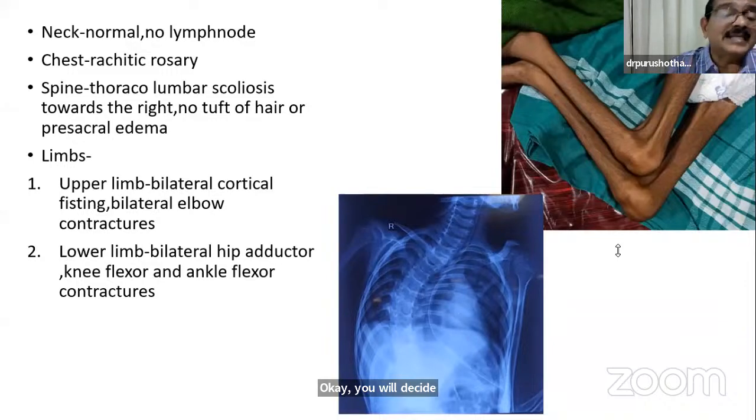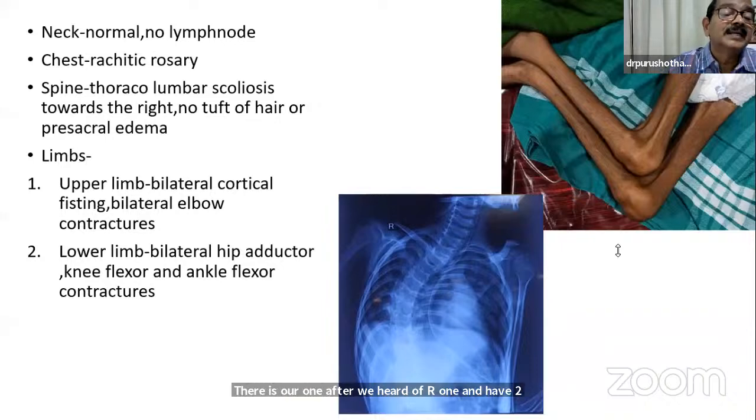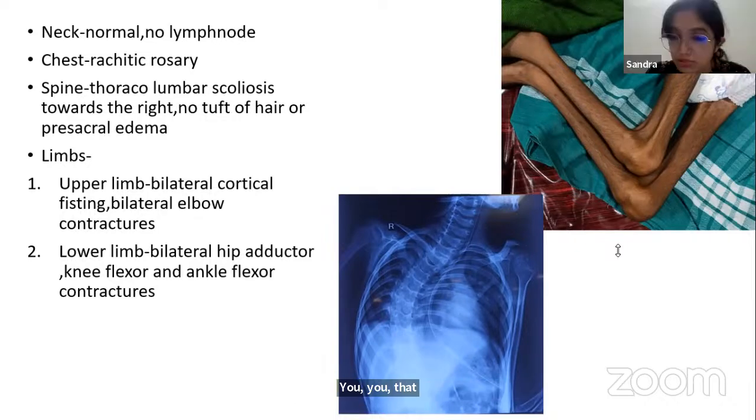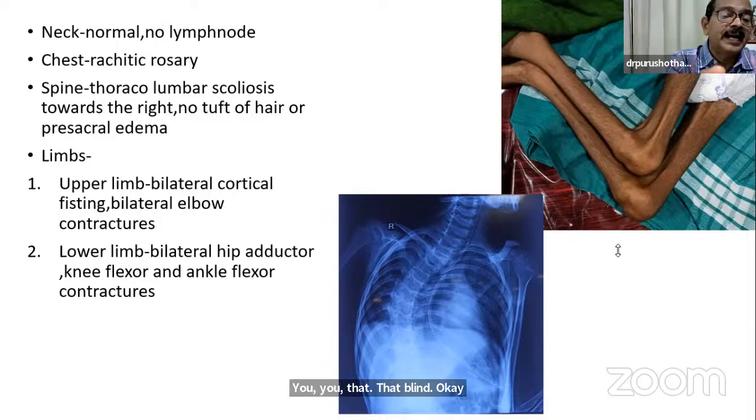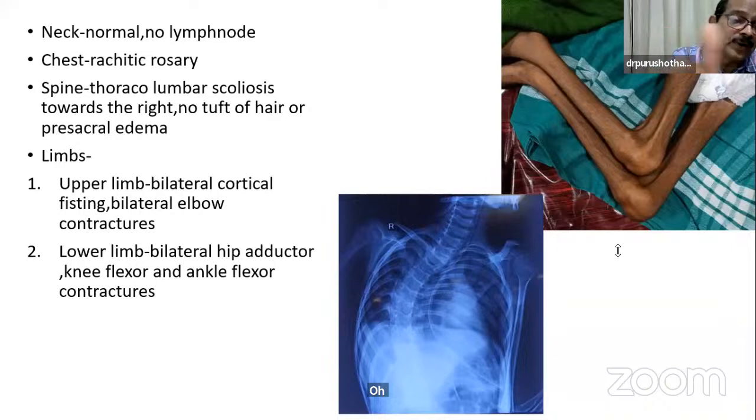Okay. What is the test you are doing? There is R1, R2. You heard of R1 and R2? Yes, sir. Tardieu scale. You stretch the joint fast. Okay. A fast component, and then followed by a little more you do it.